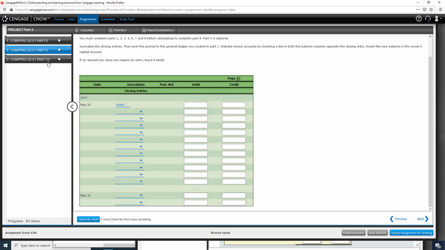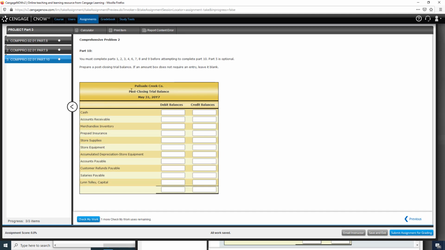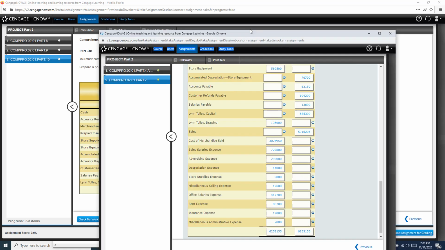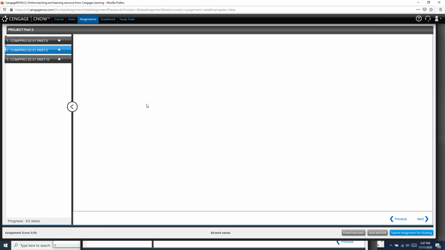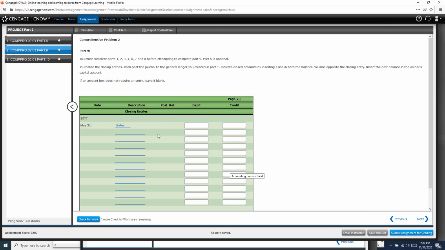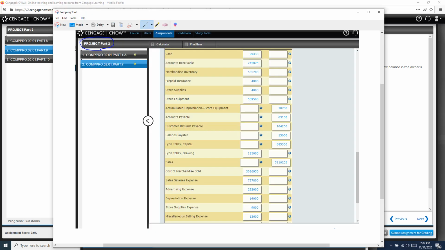So we have to do the last part, which is the post-closing trial balance, meaning that it's these adjusted trial balance accounts and balances, which may be impacted by the closing entries that you just did. So sales, whatever you have here, it's going to impact the balance of sales. Where's sales? It's going to impact this balance here.